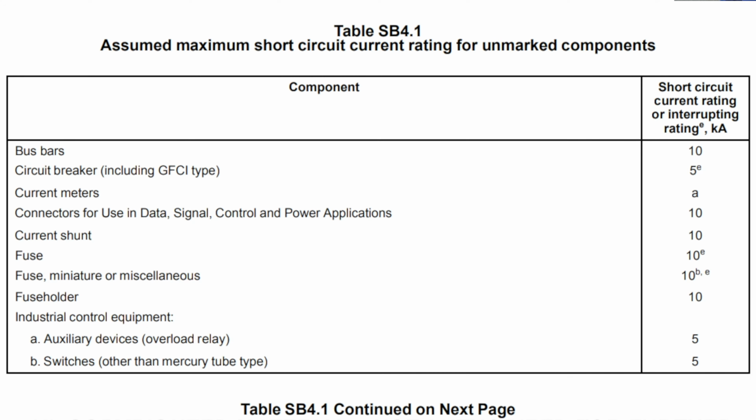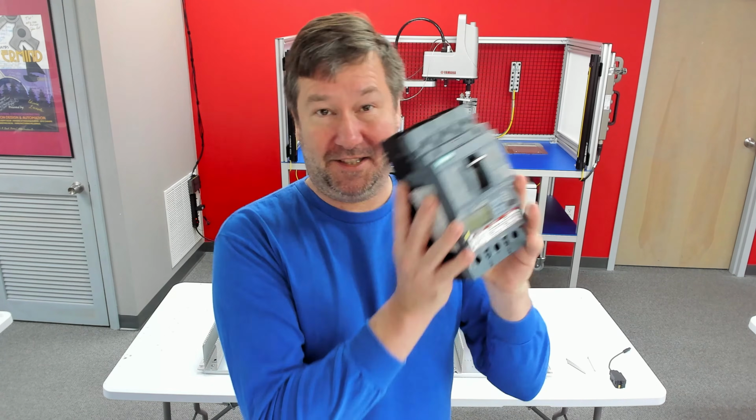If we look at table SB 4.1, this is the assumed maximum short circuit current rating for unmarked devices. If we look at circuit breakers, including GFCI type, then the short circuit current rating of them would be 5 kiloamps. So just by looking at the side of the breaker that I was going to use, I got us to 10 kiloamp.